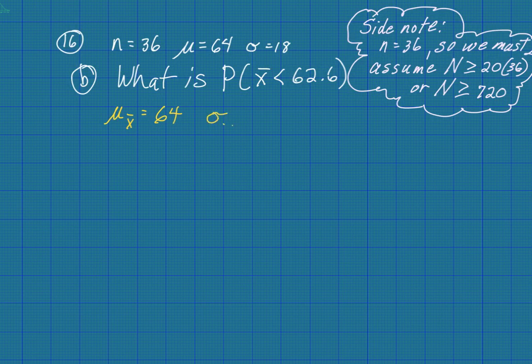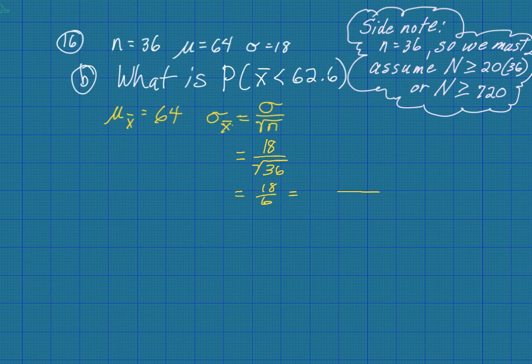And we should know that the standard error of the mean is equal to the standard deviation divided by the square root of the number in the sample. So again, we take the standard deviation of 18 and divide it by the square root of the number in the sample. So 18 divided by 6 equals 3. Standard error of the mean equals 3.